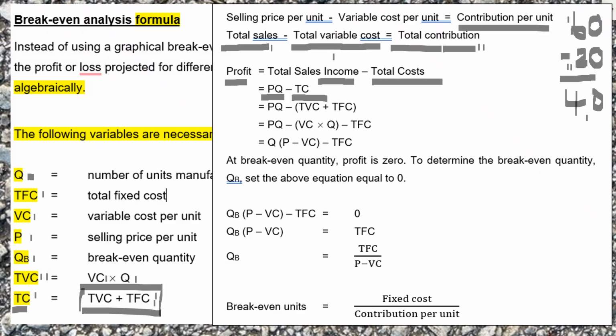You're going to have to watch this a few times. Profit is equal to total sales income minus total costs. So in other words, profit is equal to price times quantity less total costs. Now what made up total costs? Total costs was made up of total variable cost and total fixed cost.